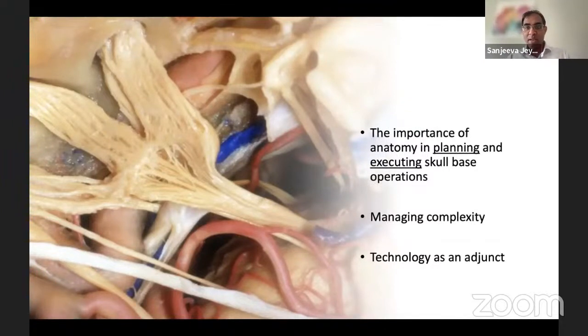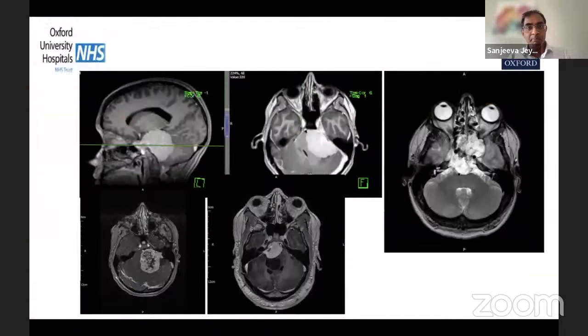So I'm going to talk about anatomy in planning and in executing skull-base operations. I'm going to use the posterior fossa as an example and move on to the petrous apex, and talk about how we use anatomy to understand the complexity of those areas. Obviously, we're very lucky at Oxford to have a lot of technology available. I'll talk a little bit about that as well.